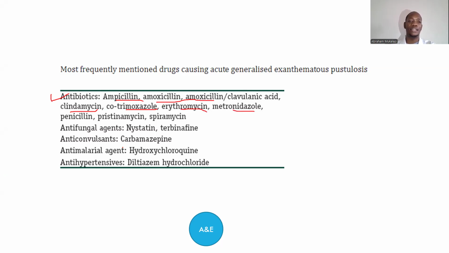And antifungal agents like nystatin, terbinafine, and anticonvulsants, especially carbamazepine, and antimalarial drugs like hydroxychloroquine, antihypertensives like the diltiazem hydrochloride. So those are the common drugs associated with AGEP.